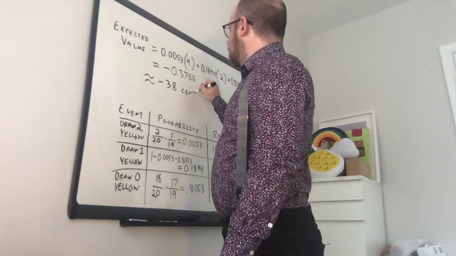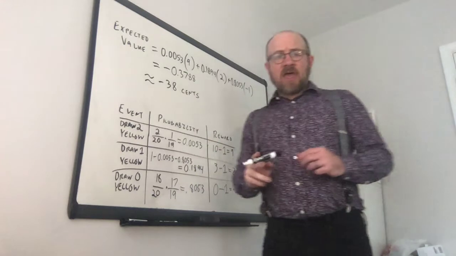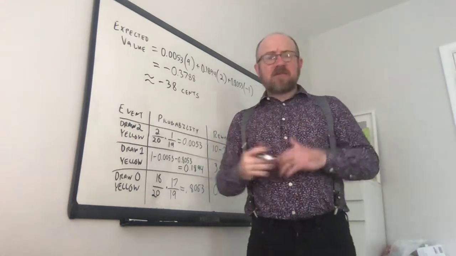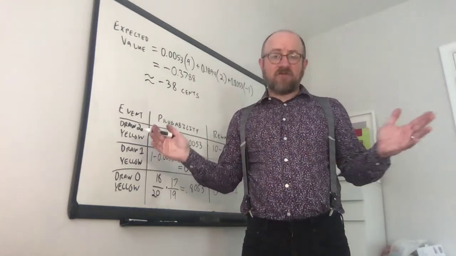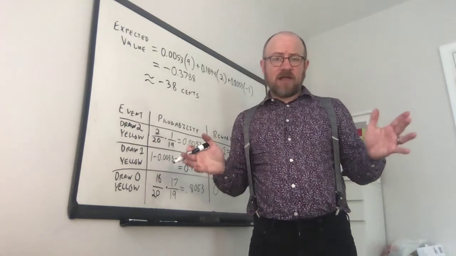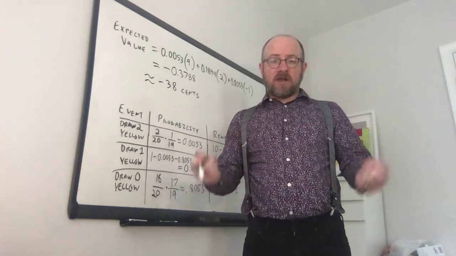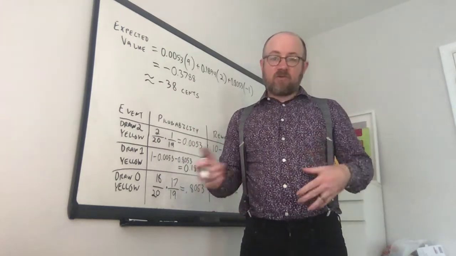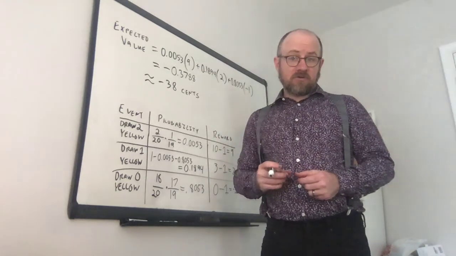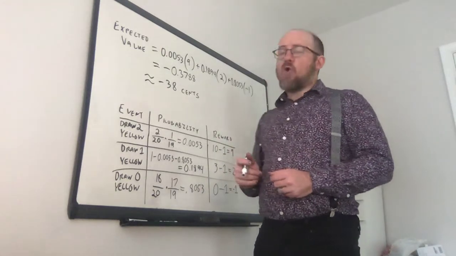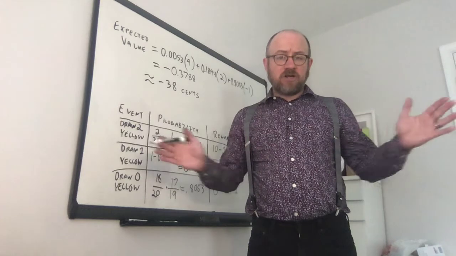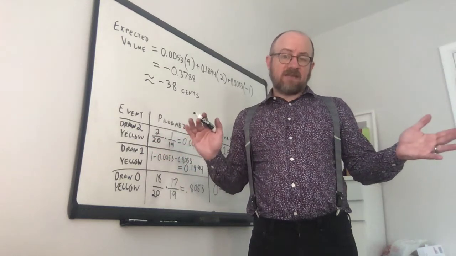-38 cents. And so what that means is that if you spent an entire afternoon playing this game with your friend, paying $1 to play, and then winning either $3 or $10, depending on how many yellow marbles you got, over the course of the day, on average, you would lose 38 cents a game.